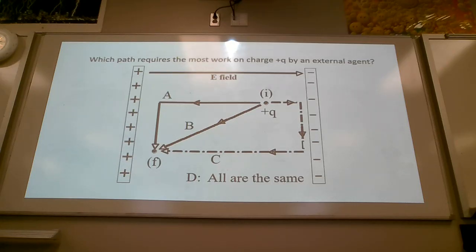Does not matter. So long as you start and stop at rest, your net work is equal to 0. So the work done by the field does not matter. Path independent. Therefore, your external agent doing work is also path independent.